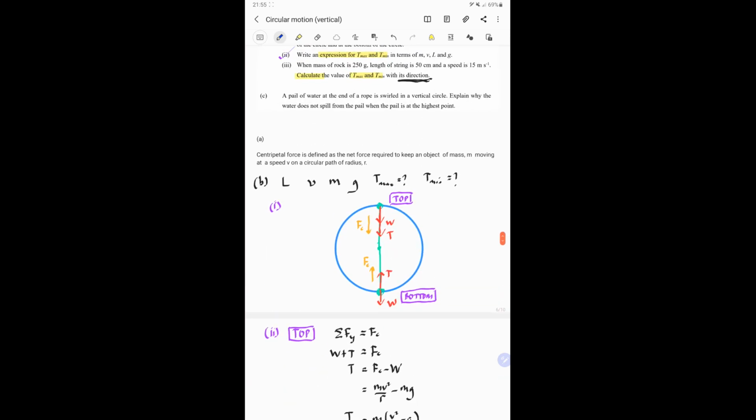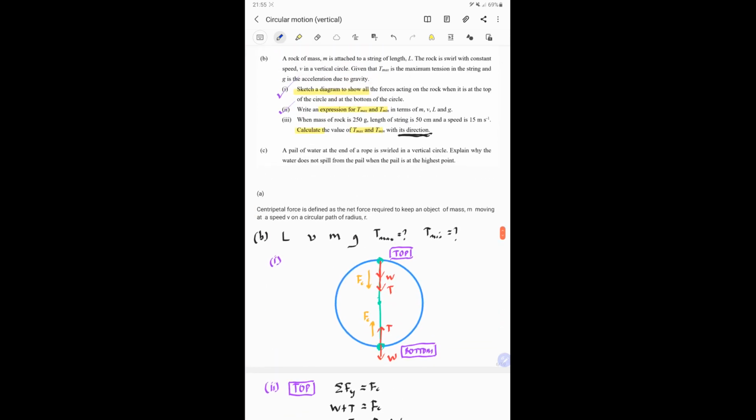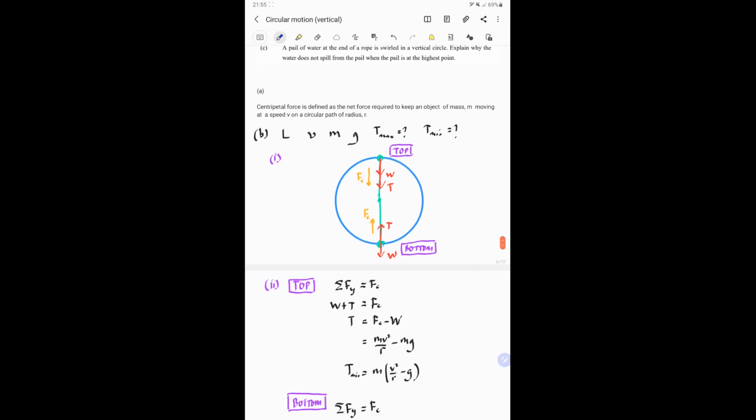Alright, so we have completed question number B3. Done. Okay, and then for C, a pail of water at the end of a rope is filled in a vertical circle. Explain why the water does not spill from the pail when the pail is at the highest point. Okay, so what is the answer?